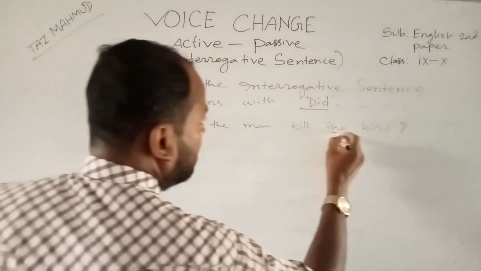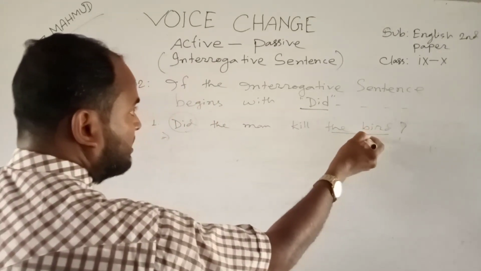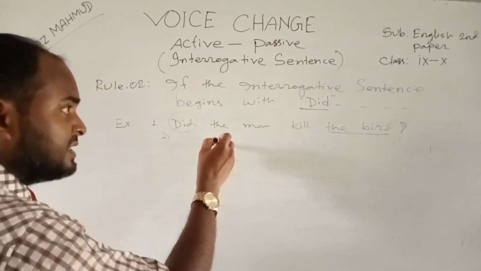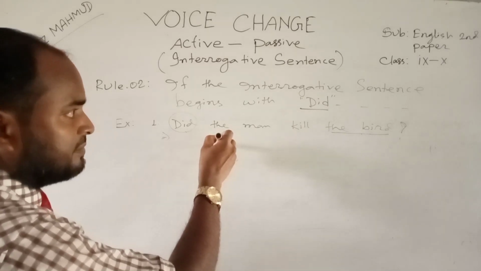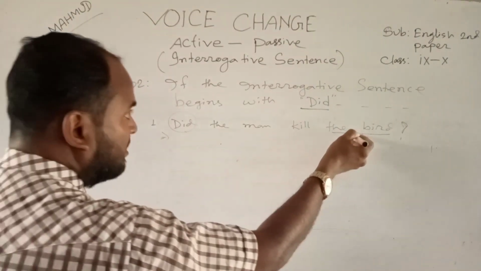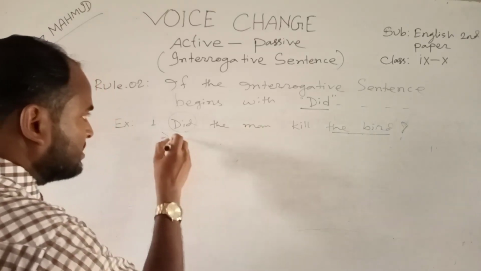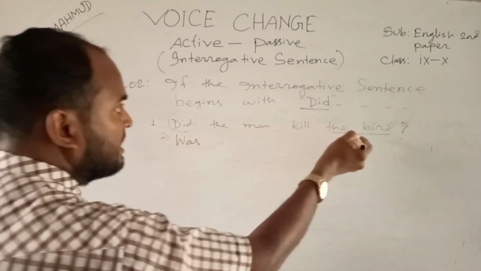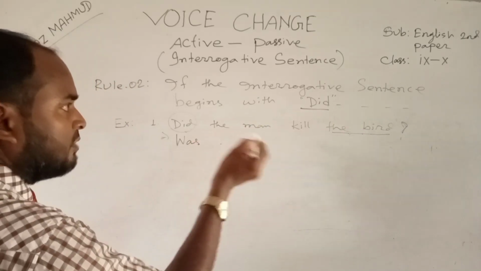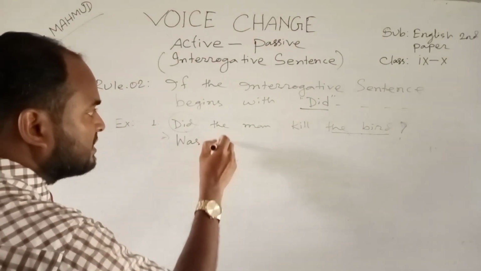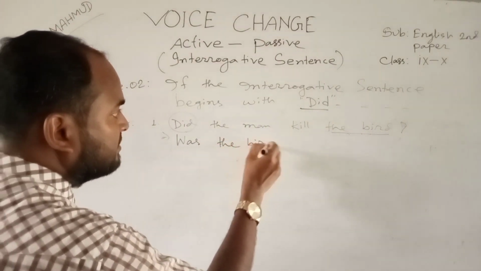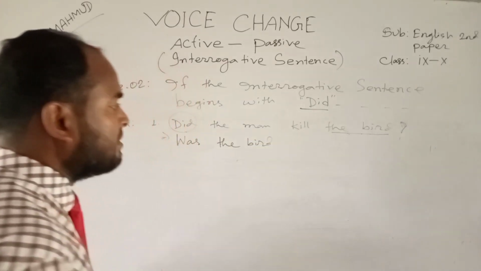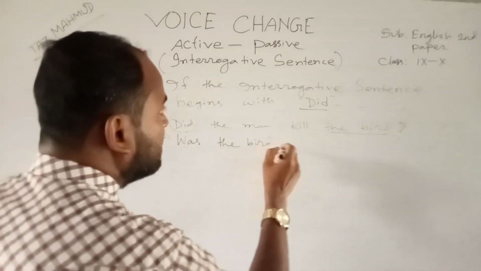The word will be written as subject form of passive sentence. The word is third person singular, so we shall write was. Then the object as subject form. The word, both the subject and object form, is the same.